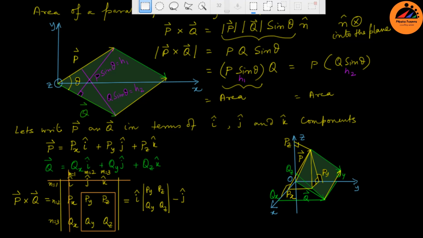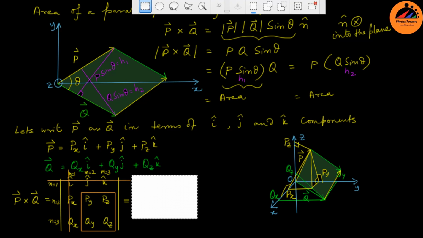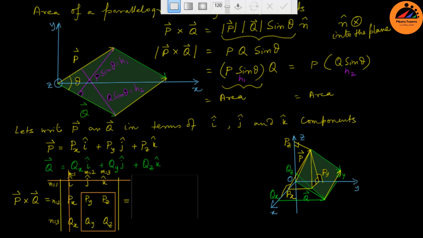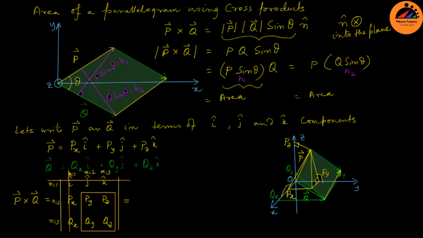Let's do one thing. Let's delete this and let me do it again a little bit. And this is minus 1 whole to the power m plus n, right, times these determinants. So here what will be m plus n?